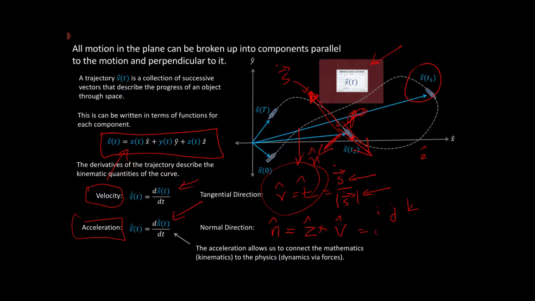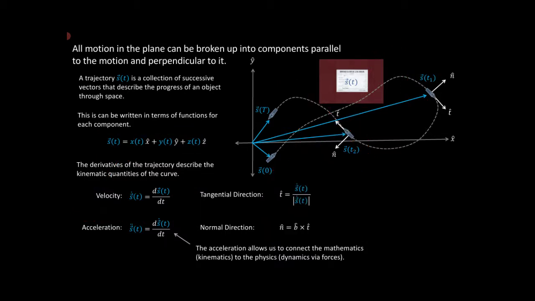Z hat would be 0, 0, 1. The velocity would be Vx, Vy, 0, because it's in the plane. And so we can use this to find the normal direction, just do the cross product. There's no extra room here, so we won't talk about it too much.